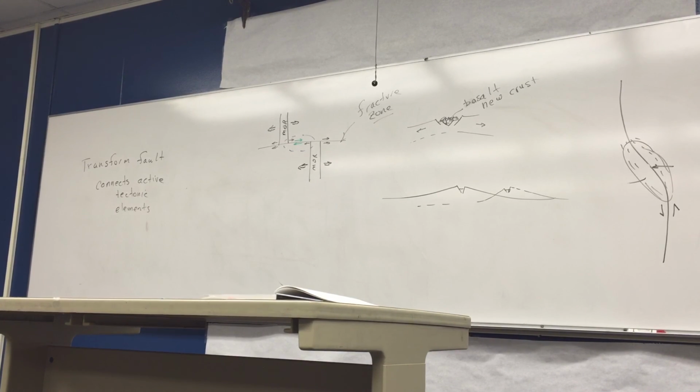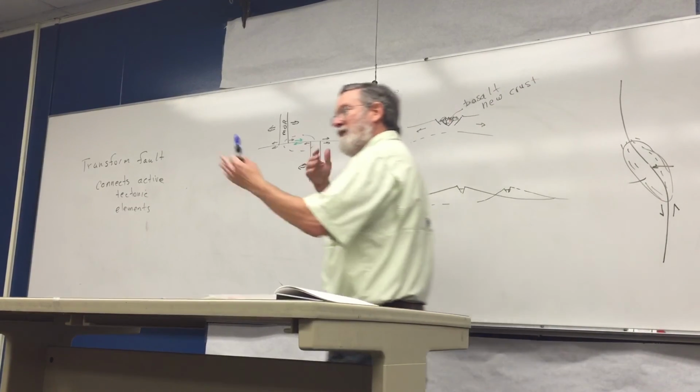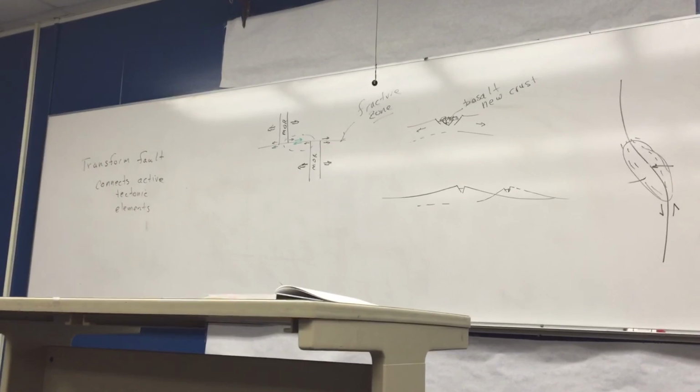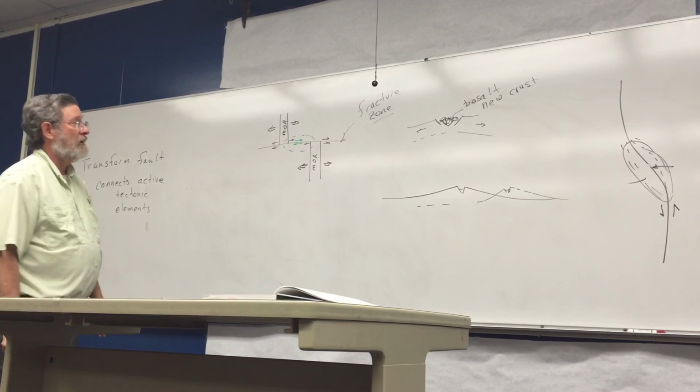So, transform, transform, escape, escape. The number of worldwide faults that we can truly say fits our original definition of a strike slip is actually limited in that system. And so we'll try to understand these a little bit next time.